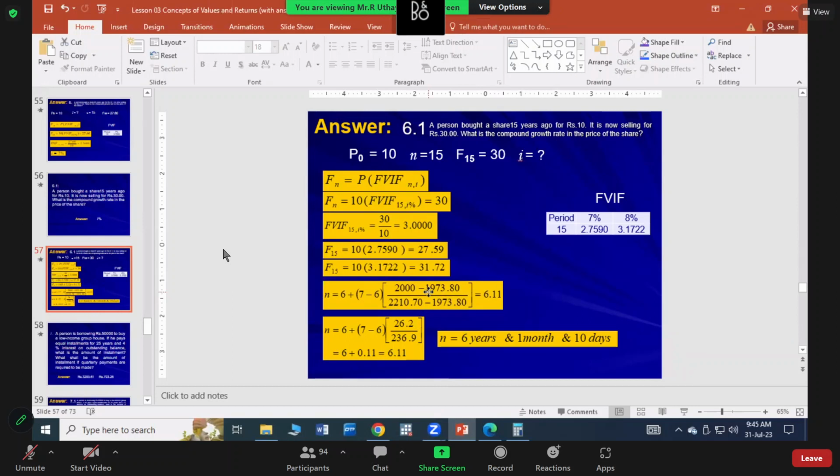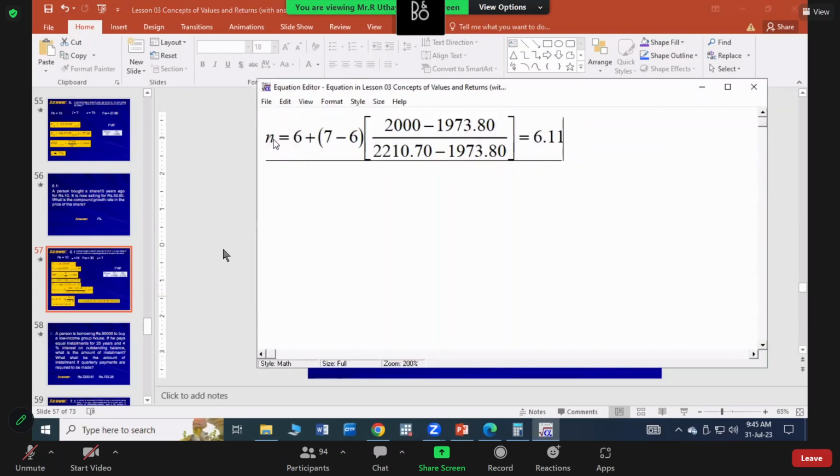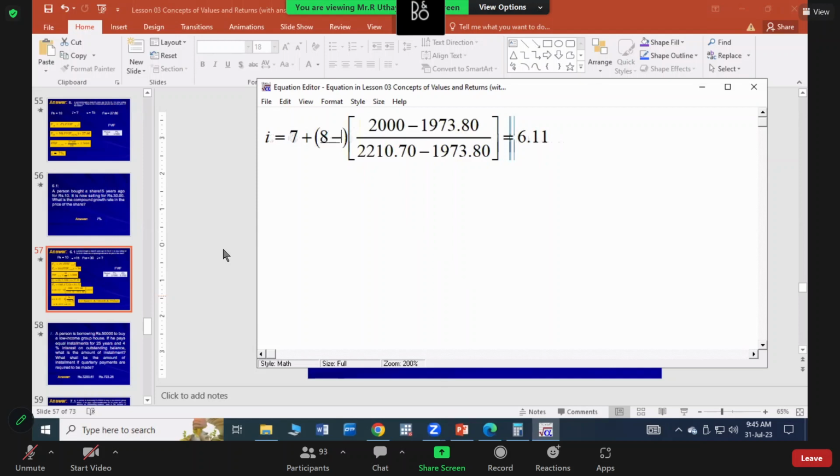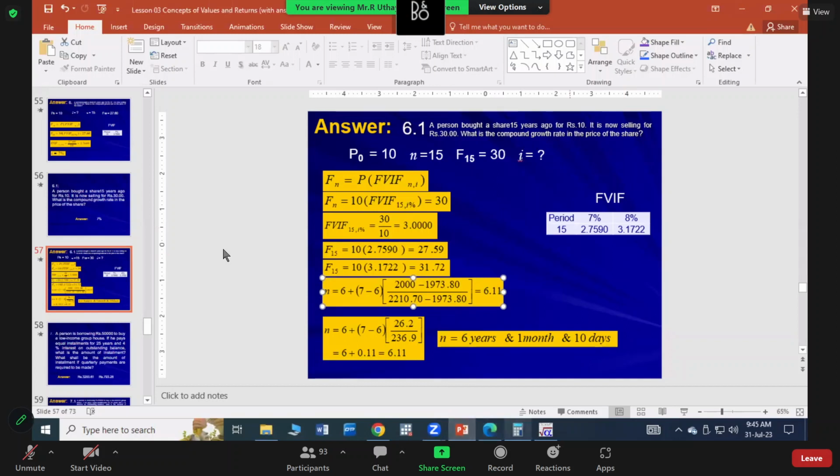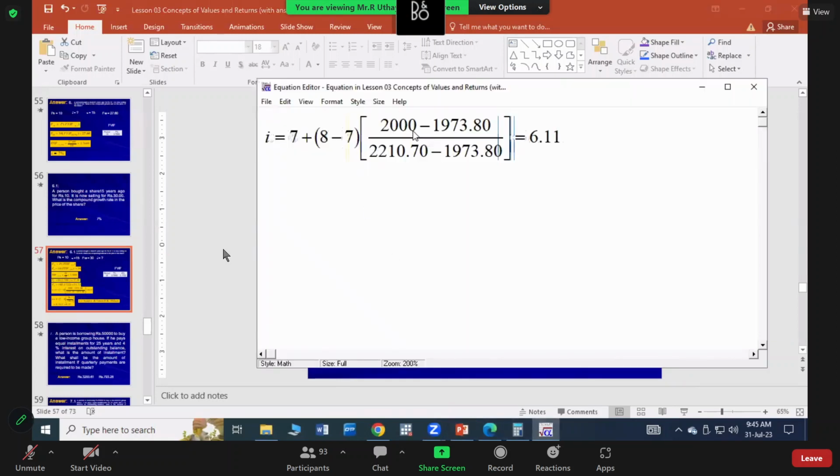So you want to set a linear interpolation. Right. Instead of n, you put I. Starting point 7, then the maximum 8 minus 7. The two rates you have, 7 and 8.